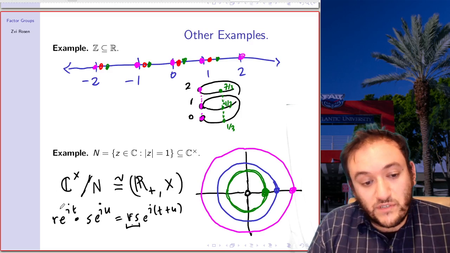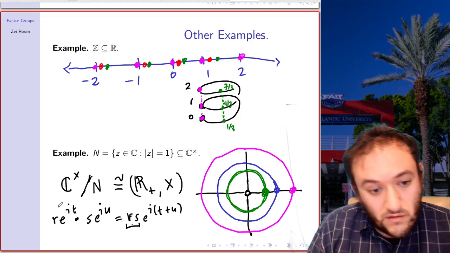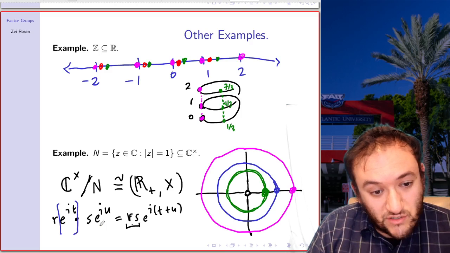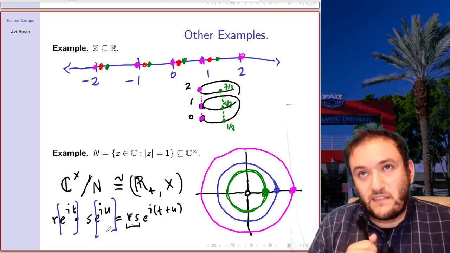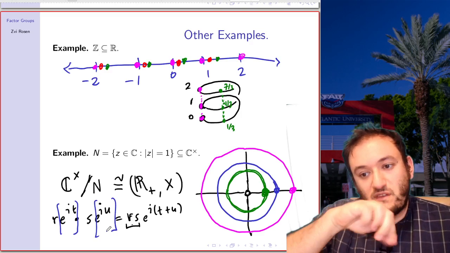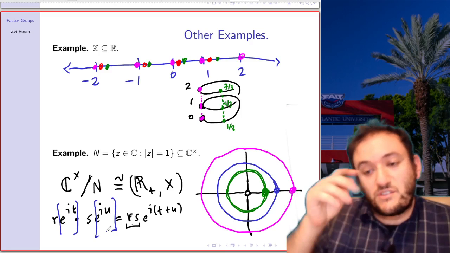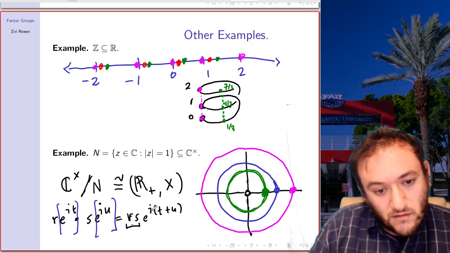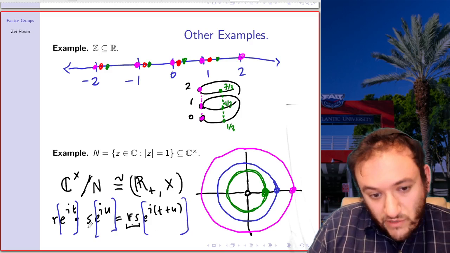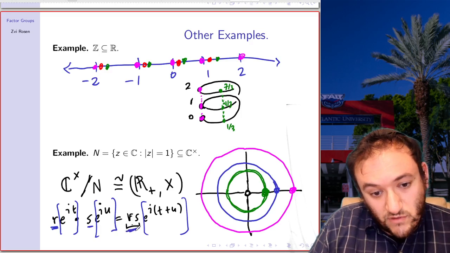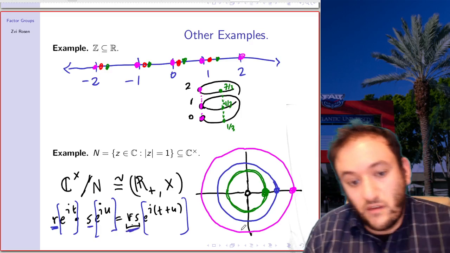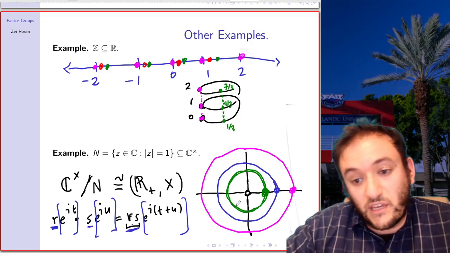So if I were to just ignore what's happening in terms of the argument, in terms of where in the complex plane it sits, and just focus on its radius, what we would find here is r times s equals rs. And that's exactly the group of positive reals under multiplication.